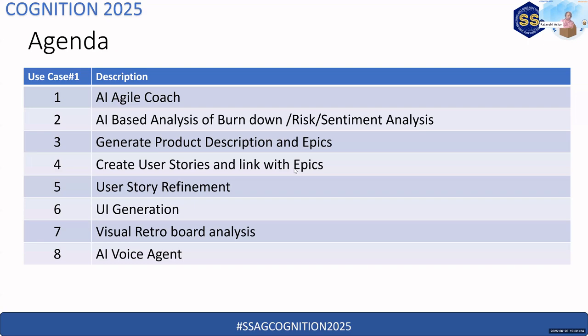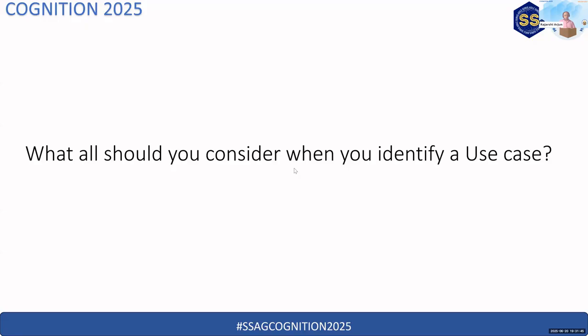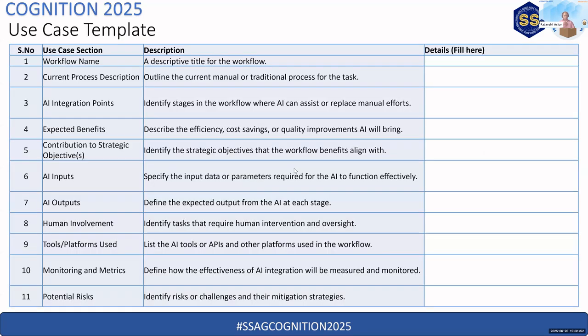Before I get into the use cases, it is very important to understand what we need to consider when identifying a use case. From my perspective, there are around 10 or 11 things. For example, what is the use case?